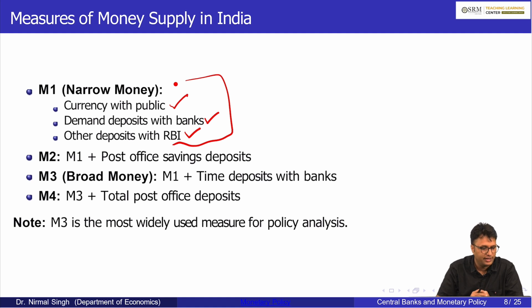The next component is M2, which constitutes M1 plus post office savings deposits. So when we include M1 and post office savings, we get another measure, that is M2.